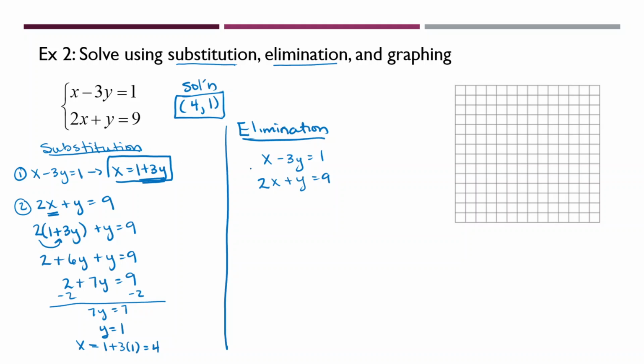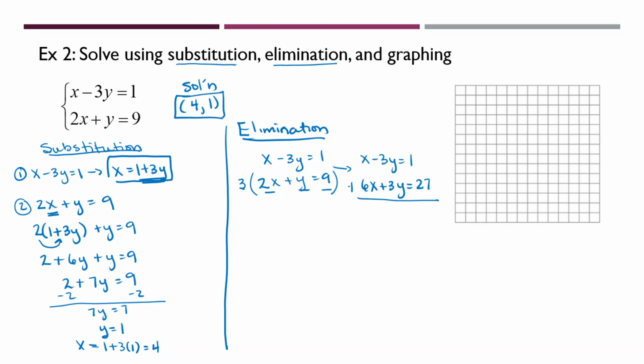So what I'm going to do is take equation 2 and multiply by 3. And what that gives me is 6x plus 3y equals 27. Now notice you have to multiply the entire equation by 3.